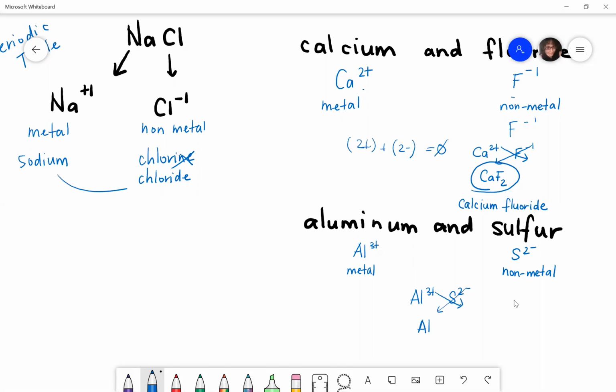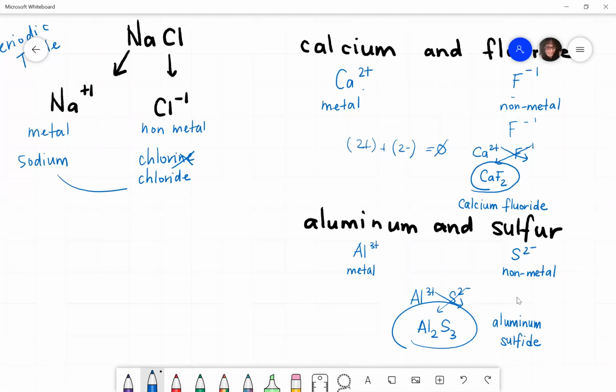So what you should end up with is the compound aluminum sulfide. And there you go. Once you do a lot more practice, these should become straightforward. So these are our basic ionic compounds.